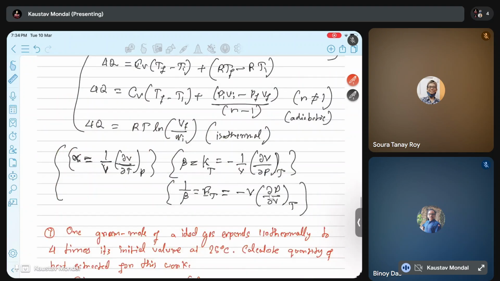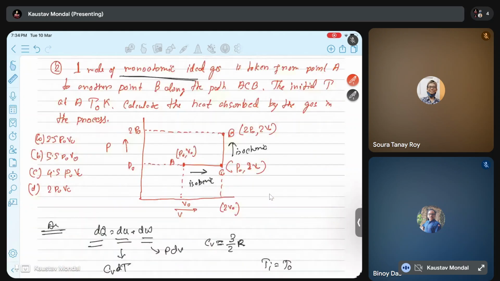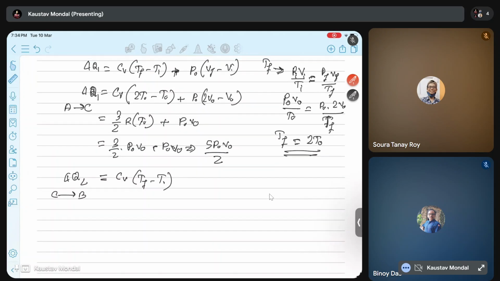CV is changing, so this is the formula, CV (Tf minus Ti), right? So here also in a similar way, initially the equation of state looks like this: P0 into 2V0 by 2T0 equals 2P0 into 2V0 by Tf, for this process C to B. This is the equation for C, this is the equation for B. So now from here Tf would be 4 into T0.